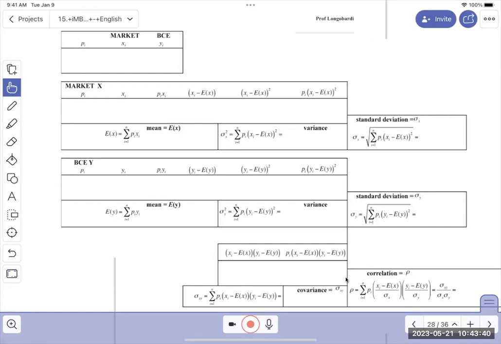I'll add this document if it interests you, but you can create this yourself. This is just a layout. You don't have to have it so fancy with all the titles and everything. It's just basically the function.